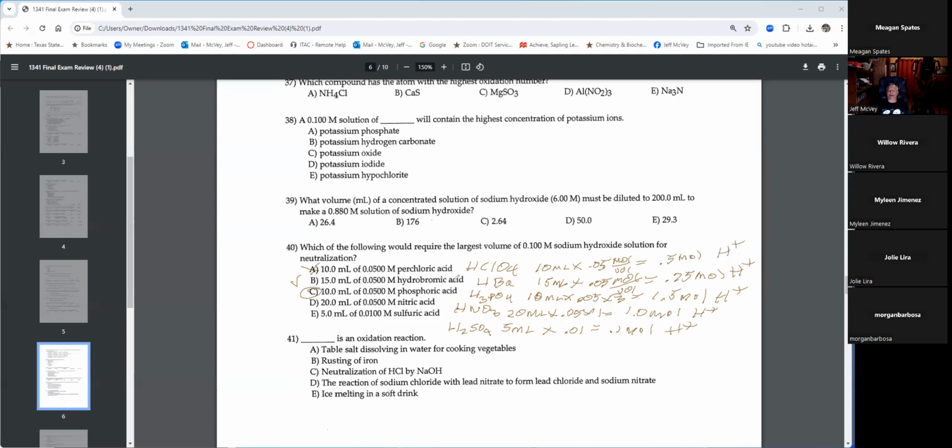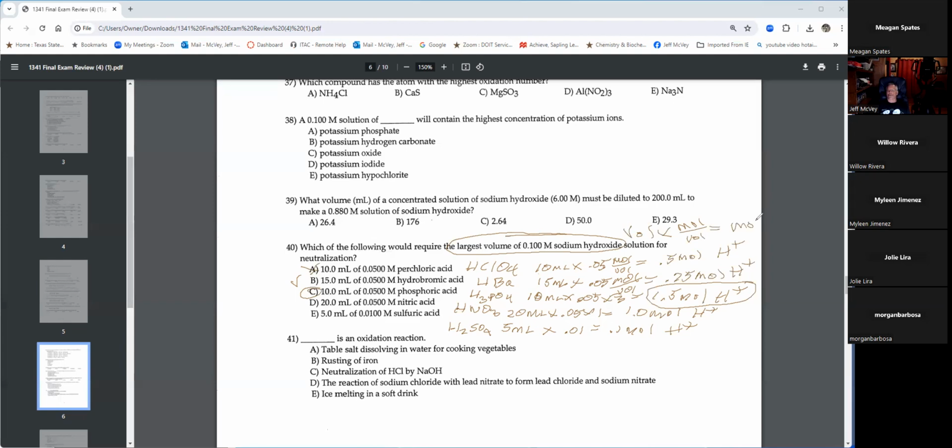So whichever acid gives you the most moles of H plus will require the largest volume of sodium hydroxide. Just remember that volume times molarity, which is moles over volume, it's actually in liters, but that's okay.